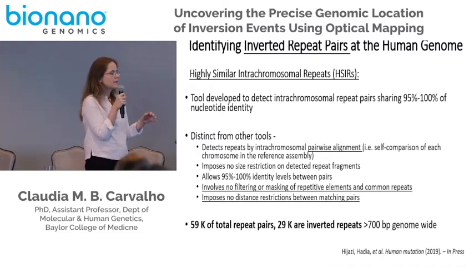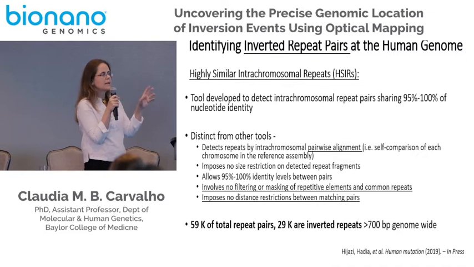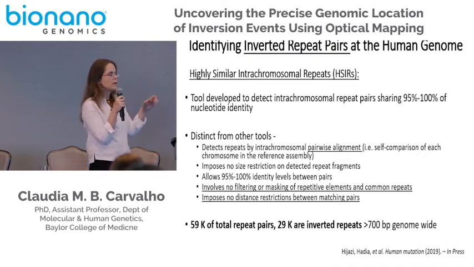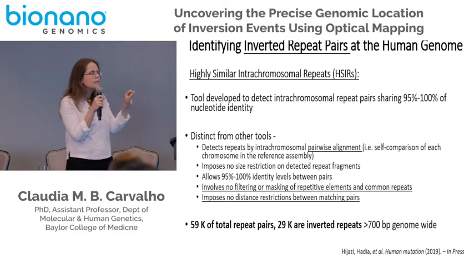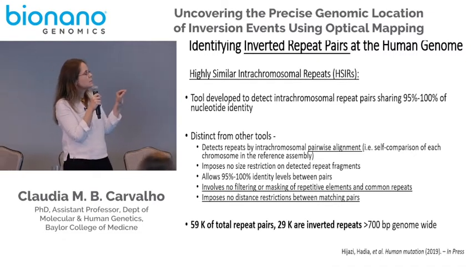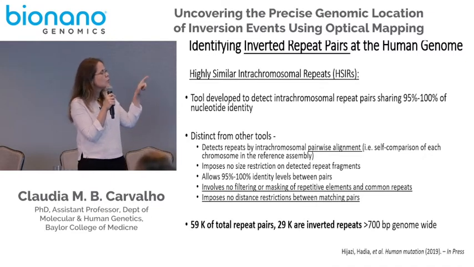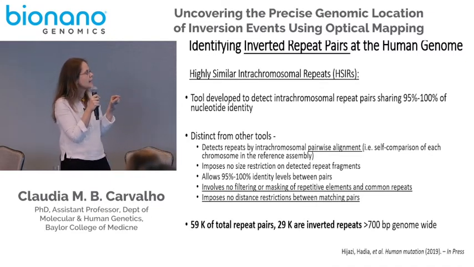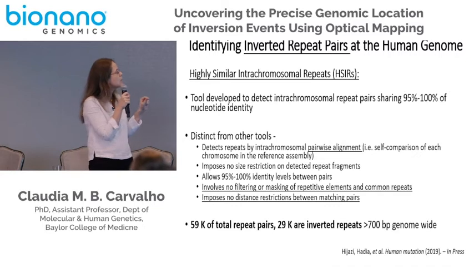To really learn that a segmental duplication is an inversion, we need to explore its data in depth. But we wanted to quickly find these inverted repeat pairs and use this data to construct our BED file in Access in the Bionano algorithm.